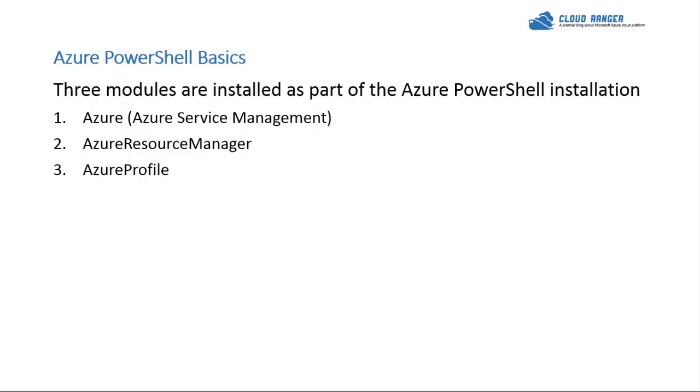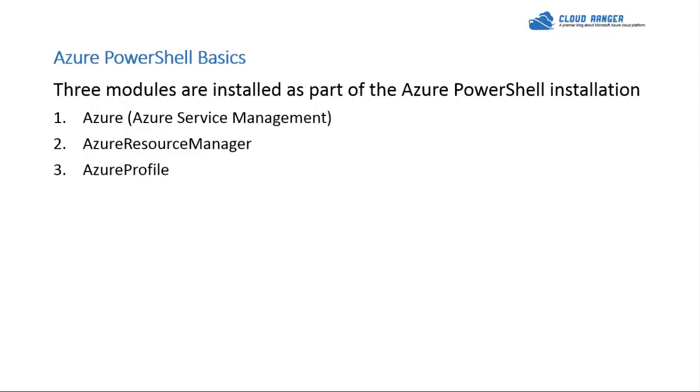Now, you cannot just go from one of these modules to the other. You cannot go from Azure Service Management to Azure Resource Manager. You have to use a commandlet from PowerShell to switch you from Service Management to Resource Manager. I'm going to talk about the differences between these two modules, the commandlets that are available and not available to you, and what you can do in a demo.